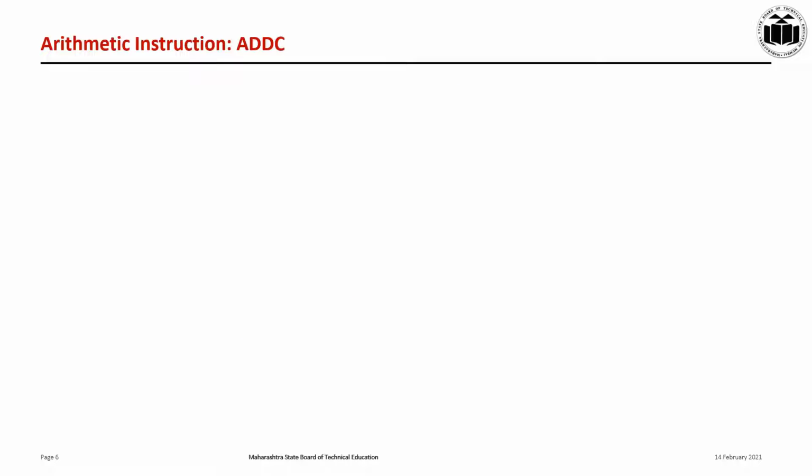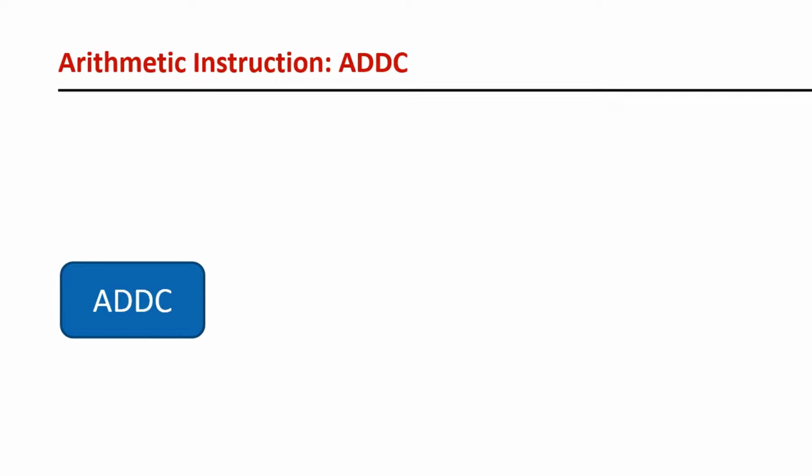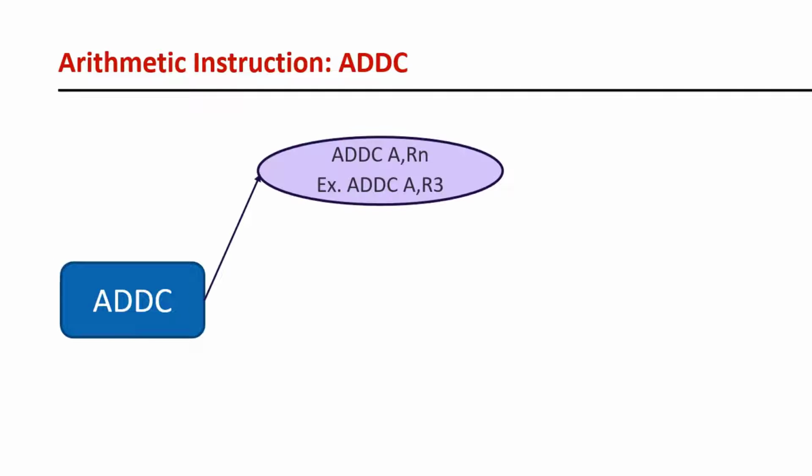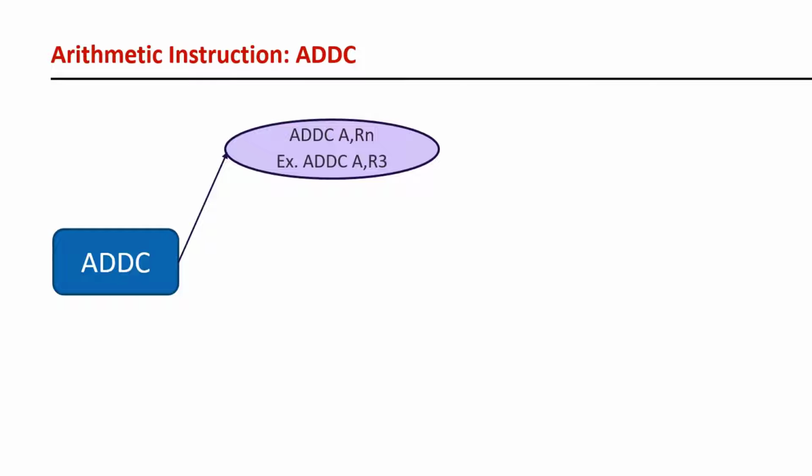ADDC instruction. ADDC instruction is used to add two operands considering carry. ADDC A, Rn. This instruction is used to add content of a register Rn and content of carry flag to accumulator and store the result in accumulator.